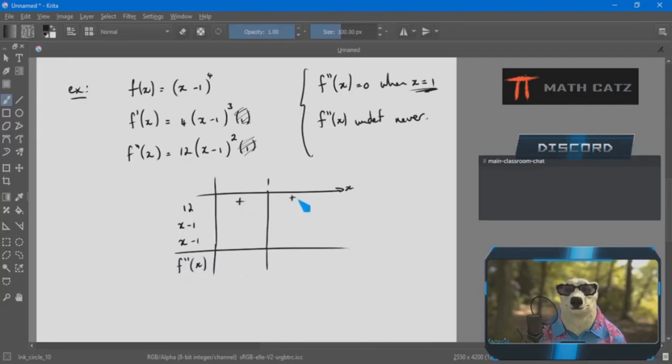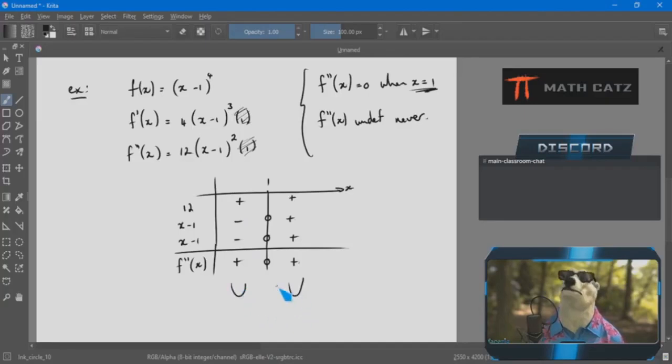12 is always positive. X minus 1 is 0 when x is 1. Goes from negative to positive. Makes the second derivative 0. Same for this one. They are copies. Now I have two negatives and no negatives. I'm bending up and I'm bending up. Now, this diagram is just for me to remind myself the bend.